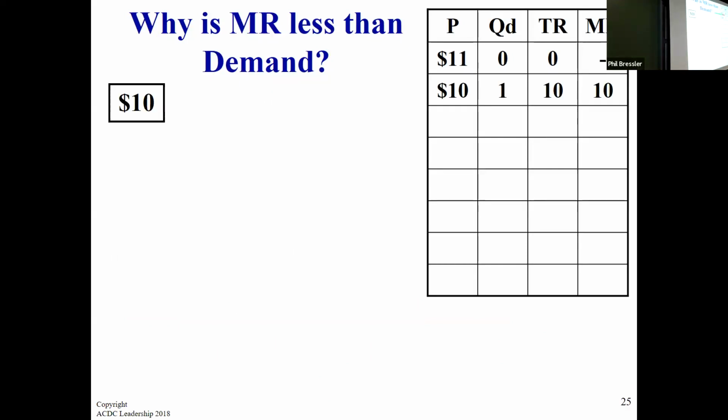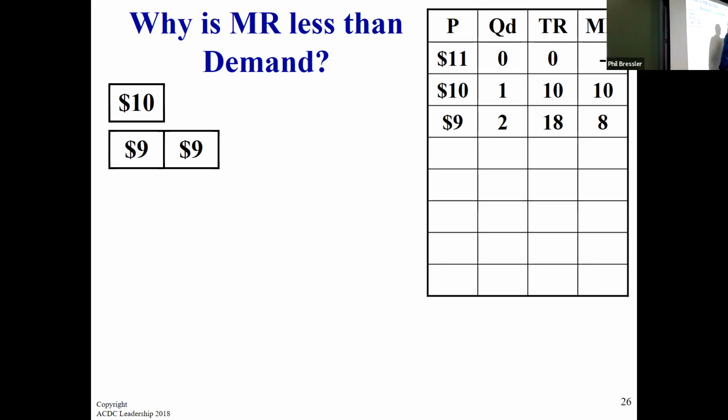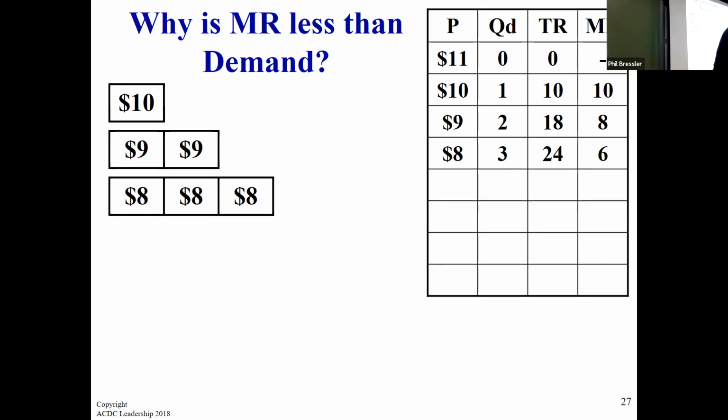So at $10, I could sell one. Now, if I want to sell more, what do I got to do with price? I got to lower it. So at 9, total revenue is 18. 18 minus 10, marginal revenue is 8. What's going to happen at 8? What's total revenue going to be? 24.